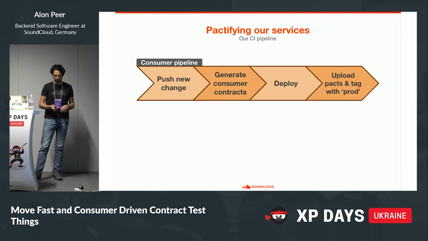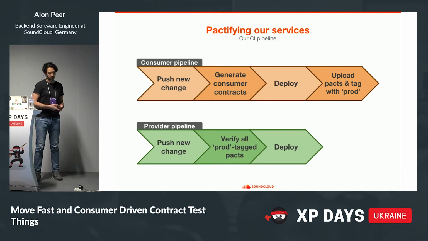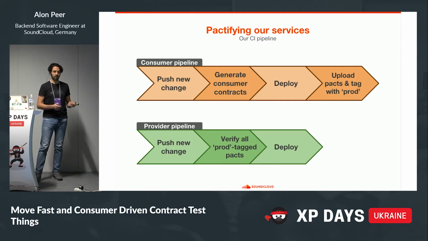This allows our provider to make sure that it's always running against the production version of the Pact contracts that were defined against it. So on the provider pipeline, when a change is pushed, we verify all the production-tagged Pacts, and only once those pass, we deploy.